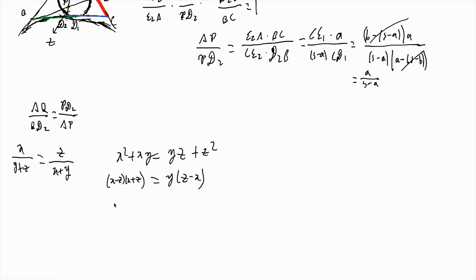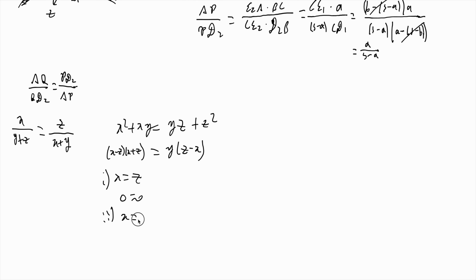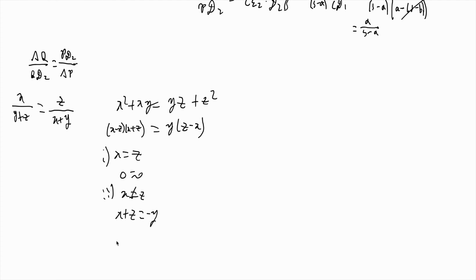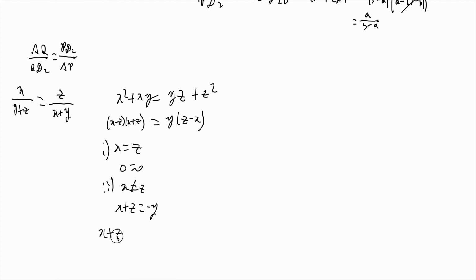So we have two cases from here. First one is when X is equal to Z. Then we have it true, so 0 equals 0. The other case is when X is not equal to Z. That way we have X plus Z equals negative Y. So X plus Z plus Y equals 0.